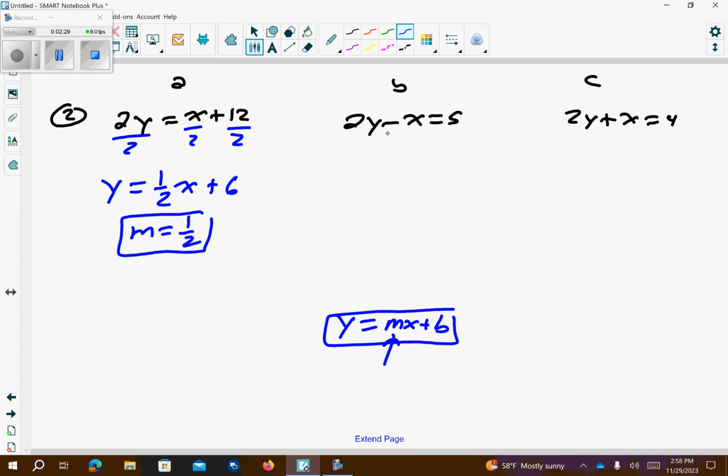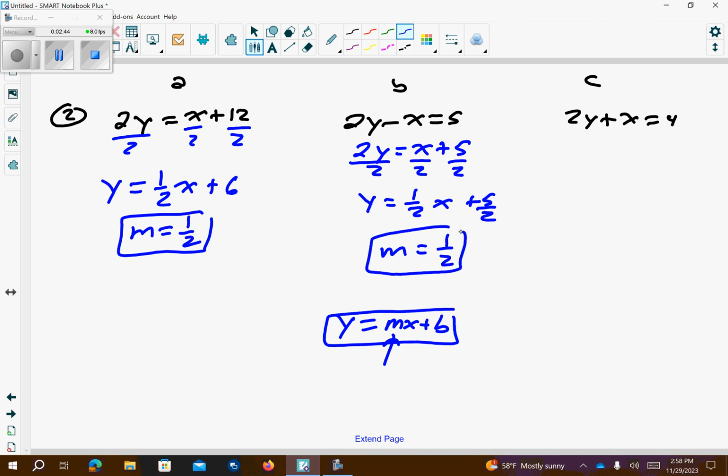This next one, I'm going to add x to both sides. So I get x plus 5. I'm going to divide everything by 2. So I get y equals 1 over 2x plus 5 over 2. So I get a slope of 1 over 2. Okay, so I know that these two, because they're the same, are parallel to each other.